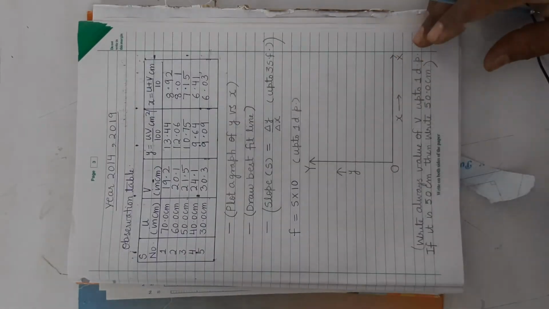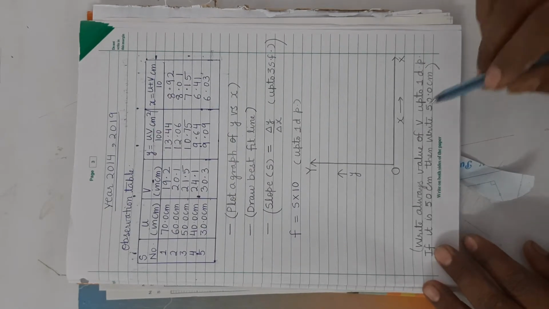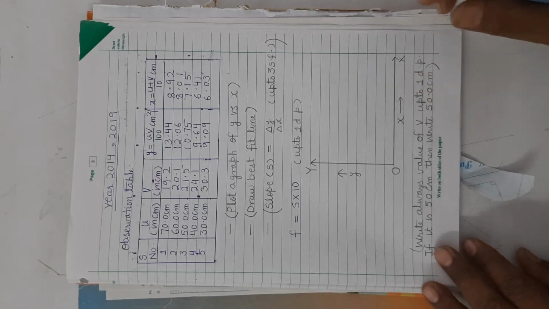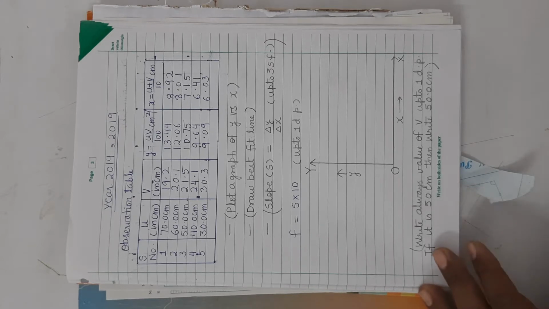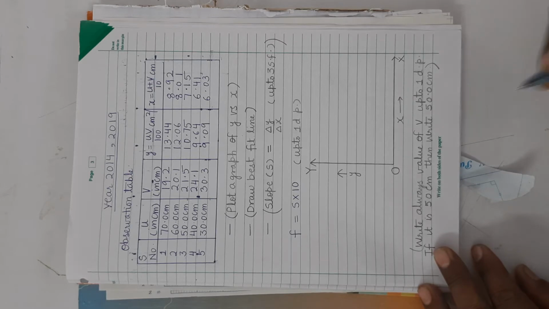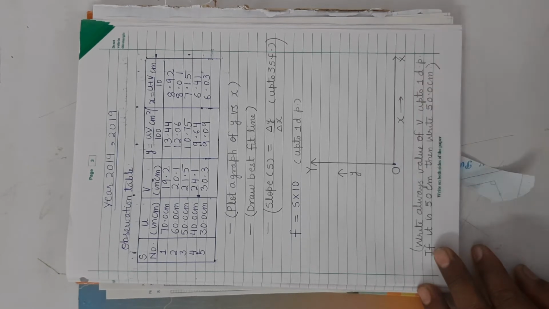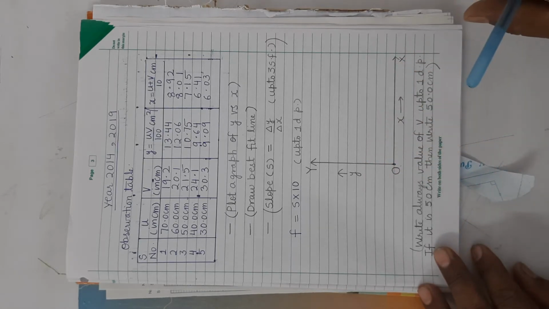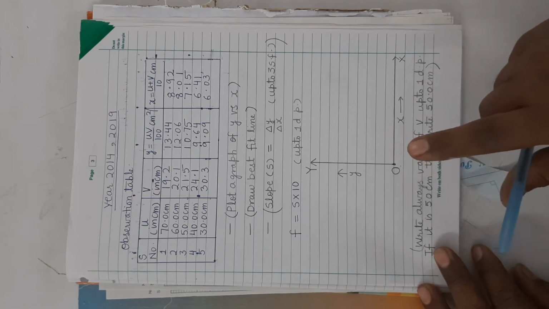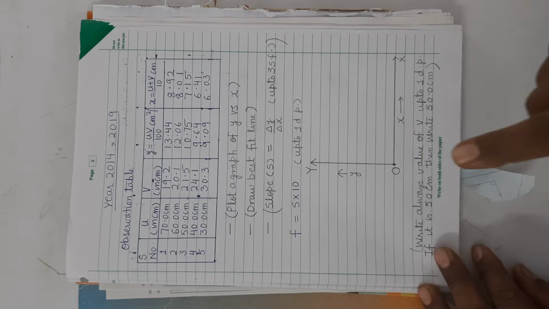Now see here, in this experiment, intercept has not been asked. It is nowhere written to find the value of y when x equals 0, or find the value of x when y equals 0. No such sentence is there, which means intercept is not to be found out. And when intercept is not to be found out, we can change the origin. But suppose somewhere it is written find y when x equals 0, then we will take the origin at 0, 0. We will take the origin at 0, 0.